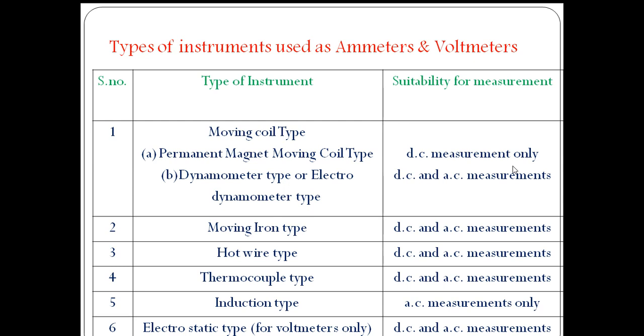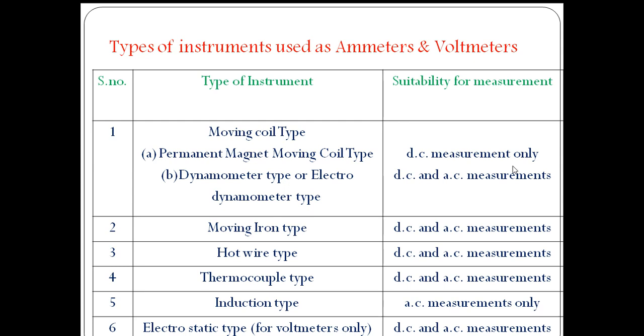If we carefully observe, induction type instruments are used exclusively for AC measurements, similarly the PMMC meters are exclusively used for DC measurements, and all the remaining, like dynamometer type, moving iron type, hot wire type, thermocouple type, and electrostatic type instruments, are used for both AC and DC measurement.